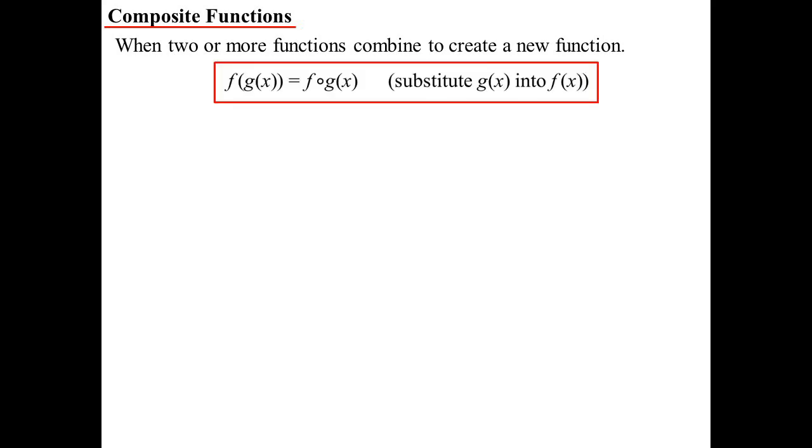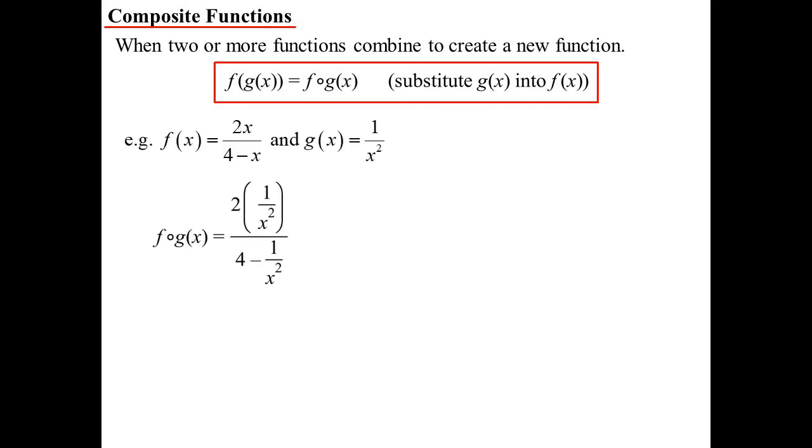Composite functions, another thing we looked at. When we combine a couple of functions together to create some new function, the notation means I'm substituting g into f, but another way of writing it is f∘g. If these were my 2 functions, then f of g of x would be when I'm substituting g into f.